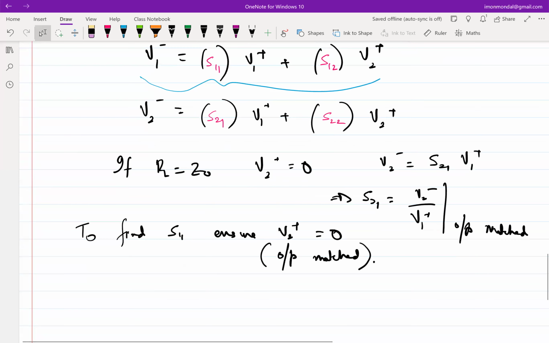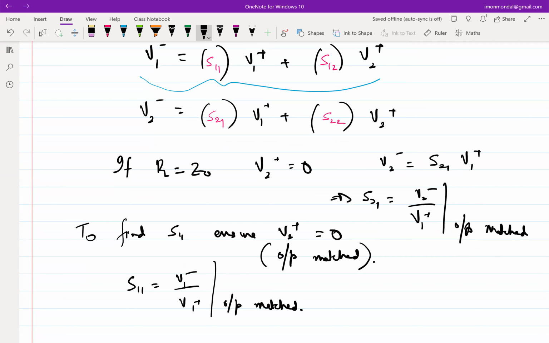Under that condition, S11 is equal to V1 minus by V1 plus. Similarly, you find out S12 and S22. But again, the key thing is that these definitions are valid only when either of these two ports are matched. Okay. Fine.